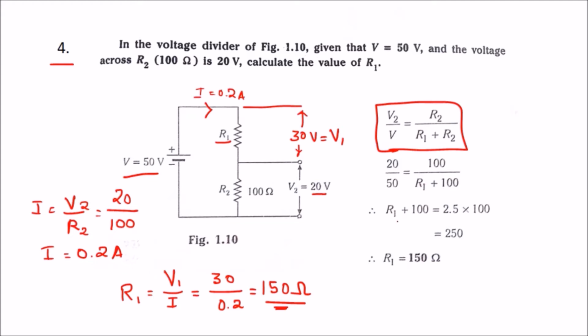So solving this we will get the R1 value, that is 150. So this is R1 plus 100. So when we bring the 100 that side, we will get the value of R1. There are two methods to solve this problem.